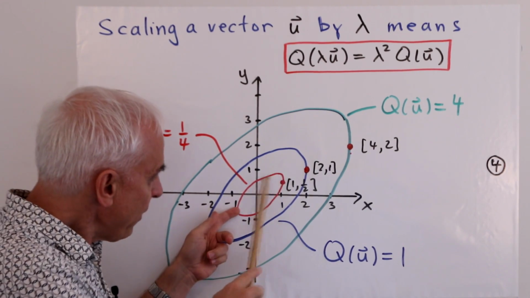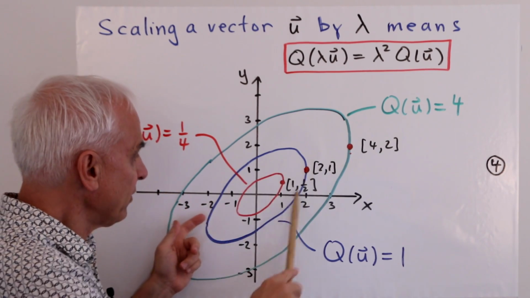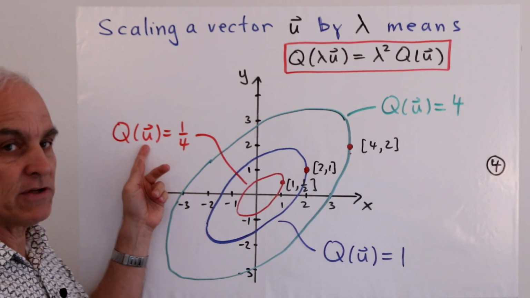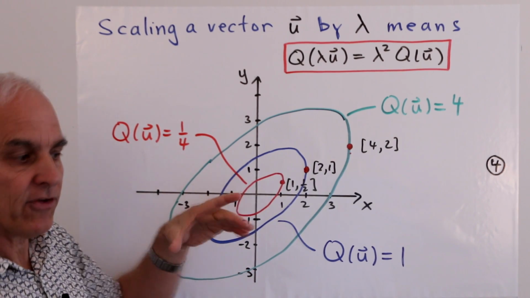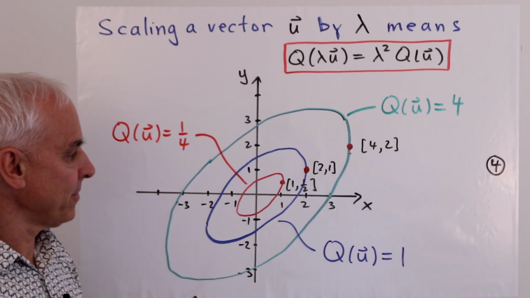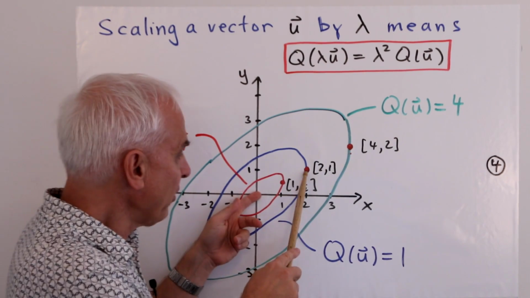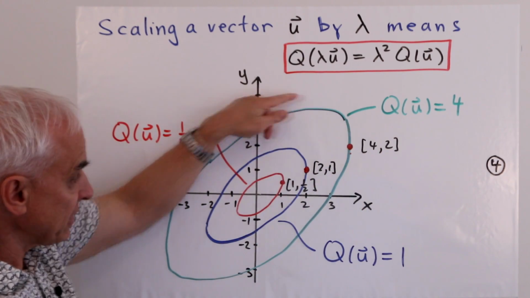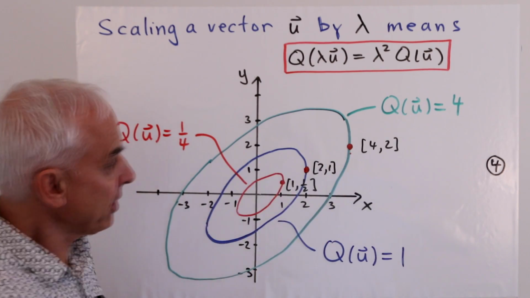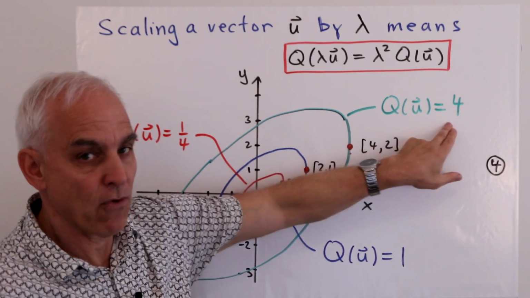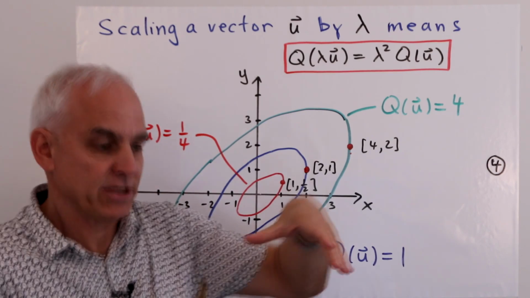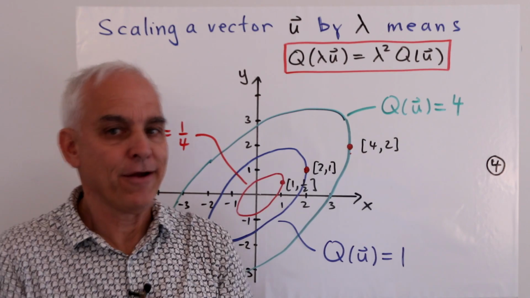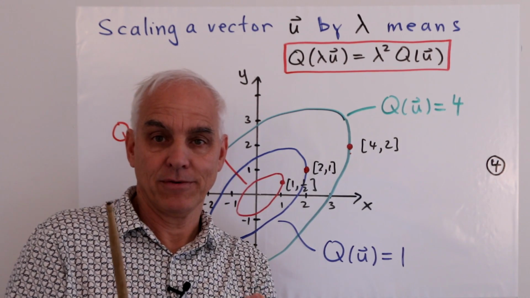And then this new conic, which is the scaled version of this one by just a scaling factor of a half, would be defined by the equation quadrance of u equals a quarter, because a half squared is a quarter. Similarly, if we doubled this vector, multiplied it by a factor of 2 to get the point 4, 2, then we would find that this point is on the bigger conic, which is determined by Q of U equals 4. Okay, so a linear scaling in the vector corresponds to a quadratic scaling of the quadrance of that vector.